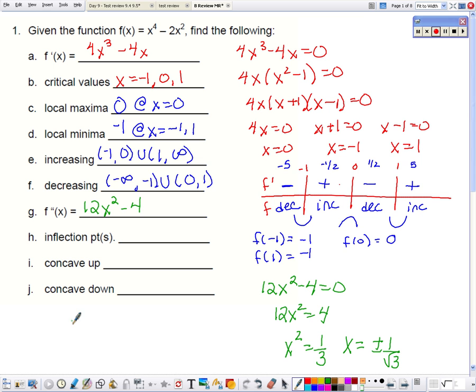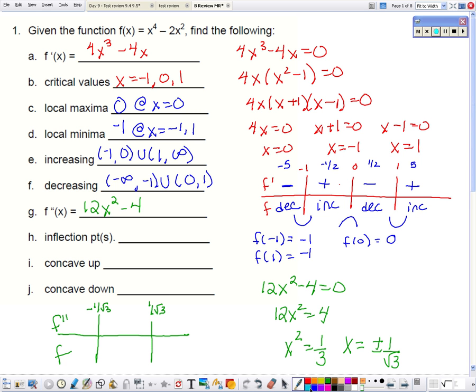So when I make my chart for the second derivative, I'm going to look at negative 1 over root 3 and positive 1 over root 3.